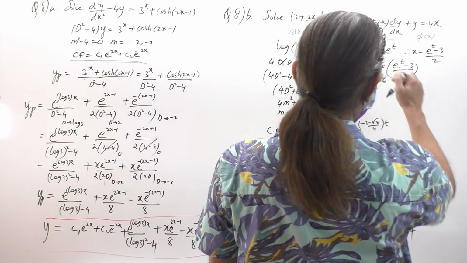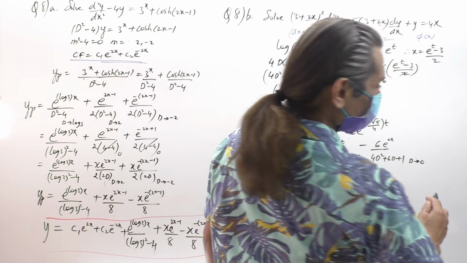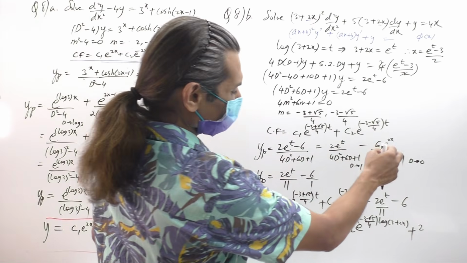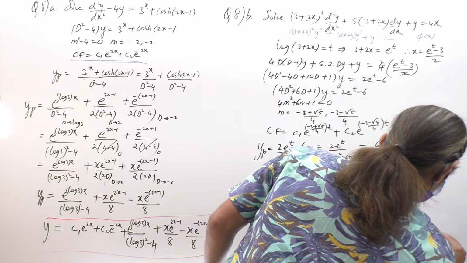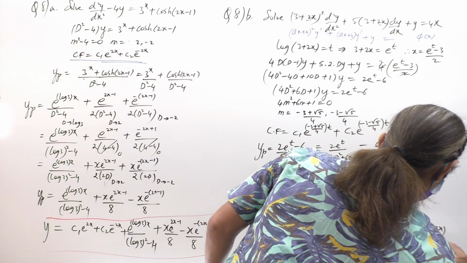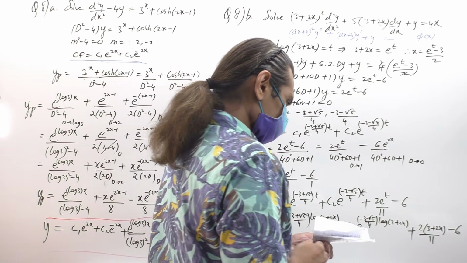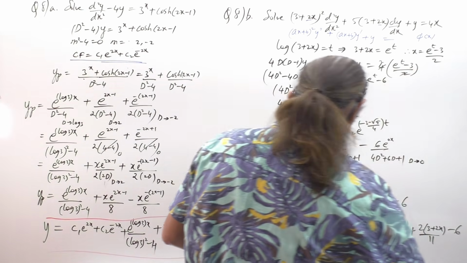What is e raised to t? It's 3 plus 2x, because everything you need to write in terms of x only. So e^t is 2 into (3 + 2x), so 2(3 + 2x) divided by 11, minus 6. That's the solution. Okay, so that's all. We have it.